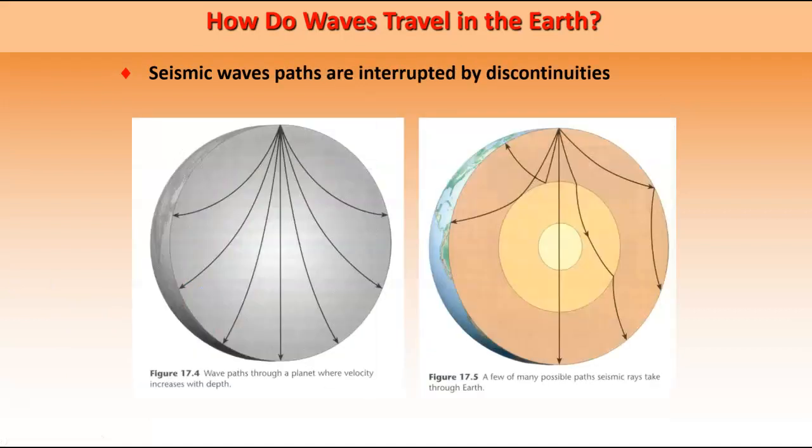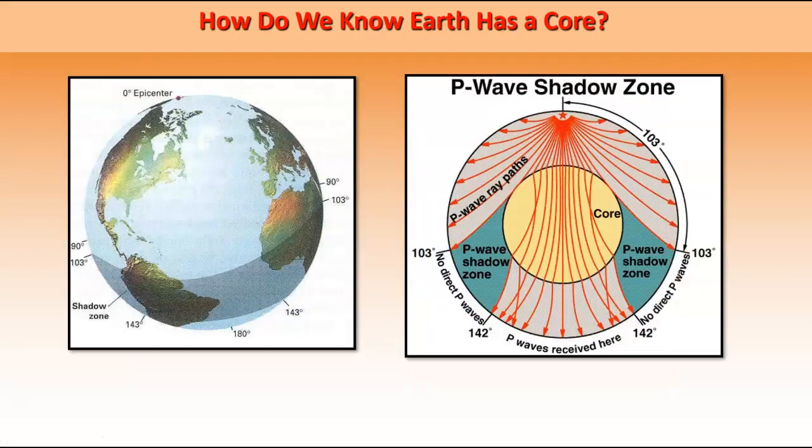Well, I'm going to jump through this. This is just a little diagram showing you what it would be if it was all the same. What it is, is because there are different layers inside the Earth, there are these things called shadow zones. When there's an earthquake, these waves can travel through the entire Earth.